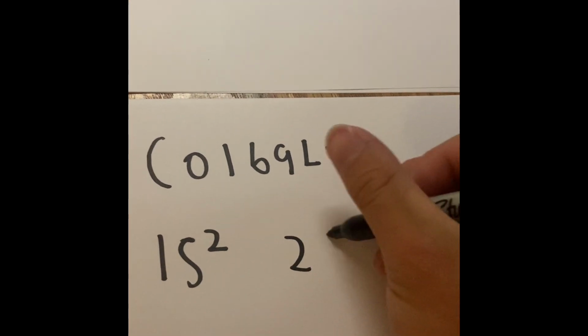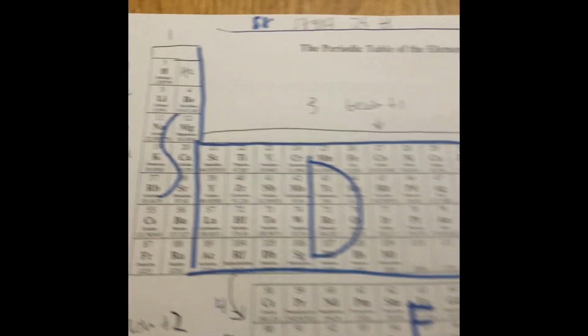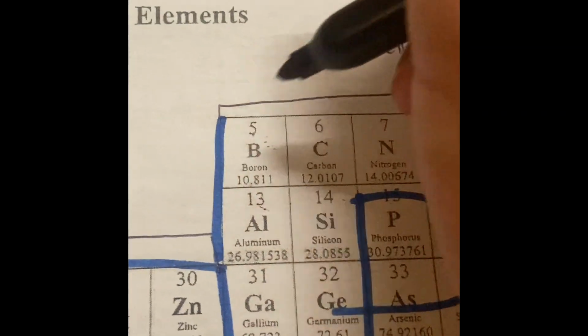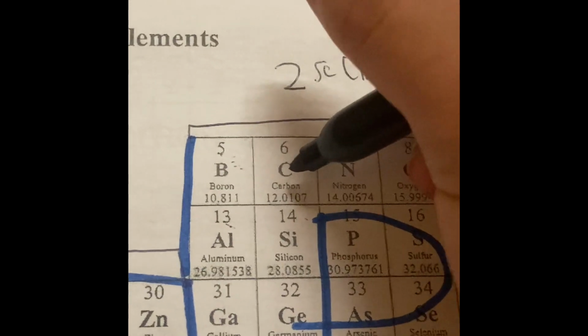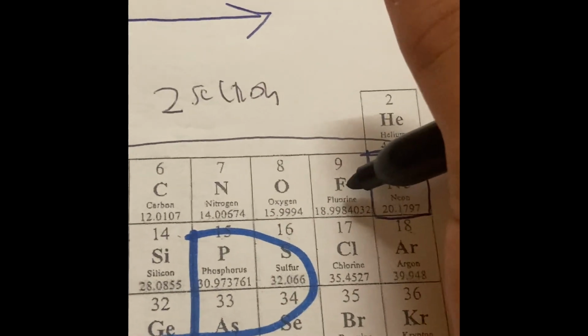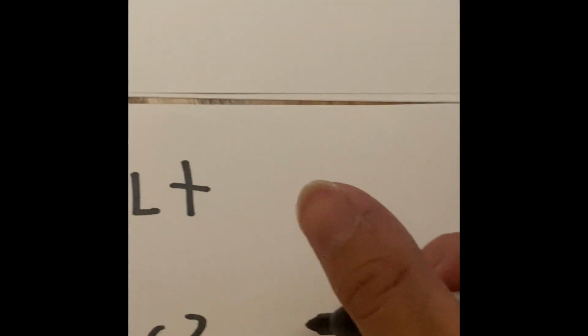So we're going to say 2s2 because we reached the edge of the S block. However, if I go to the other side of row number 2, we're going to say 2p1, 2p2, 2p3, 2p4, 2p5, 2p6. So we're going to say right here 2p6.